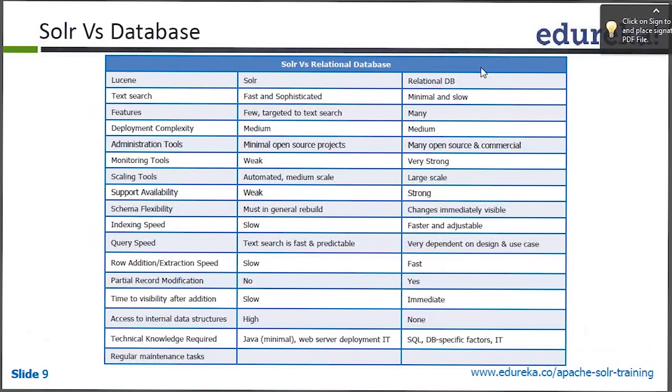OLTP is online transactions. You cannot run huge online transactions like flight booking. So what people usually do is use Solr for searching and displaying, and when they go for booking or placing the order, they use a traditional database.